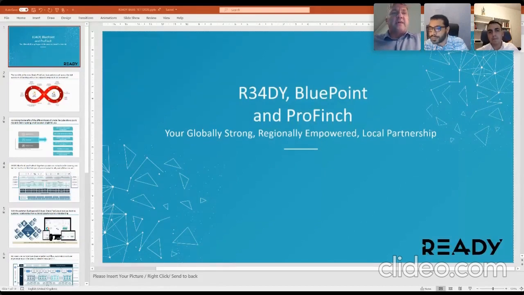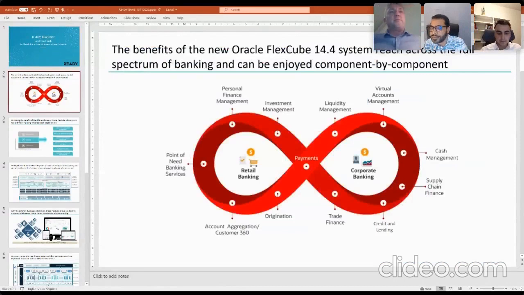Obviously, as Vivek mentioned, we have a regional partnership, and a little bit on FLEXCUBE as well. If you look at the system, it's a full spectrum of banking, and what I really like about it now is, previously, it used to be big bang. But if you're sitting out there and you have a pain point right now, and your pain point is corporate lending, you don't want to go into a big bang for your entire core banking system.